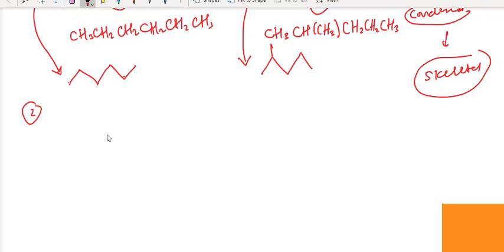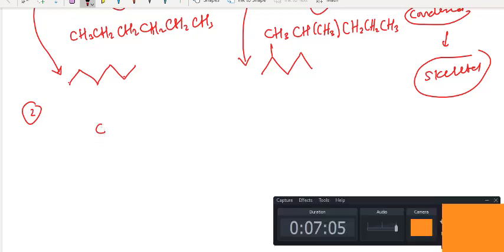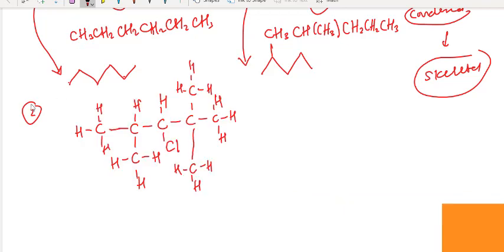So how to classify carbon as primary, secondary, tertiary, or quaternary? It is almost impossible to classify the carbon by looking at the condensed structure because, as I said earlier, it is quite tricky. So it is easier for you to draw it in the form of expanded first. So let's say this structure.